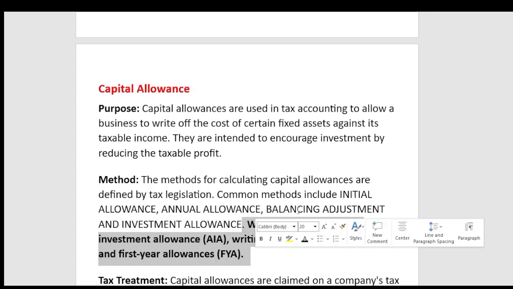Right? Investment allowance. Currently, investment allowance is no longer invoked. The Finance Act has expunged it. So what we have majorly is initial and annual allowance and balancing adjustment where necessary.